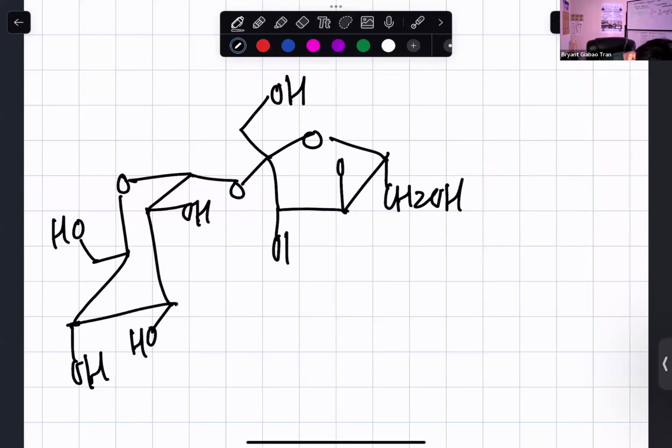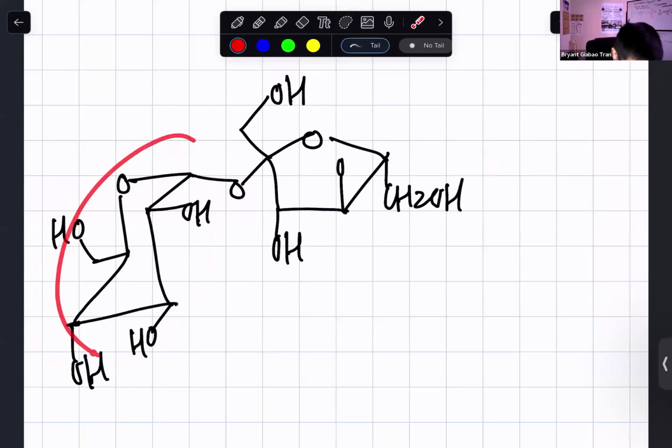CH2OH. OH. Okay. So let's look at this pyranose first, the 6-membered ring. For the pyranose, the anomeric carbon is going to be the number 1 carbon for aldoses. And first we have to determine if this came from an aldose or ketose.